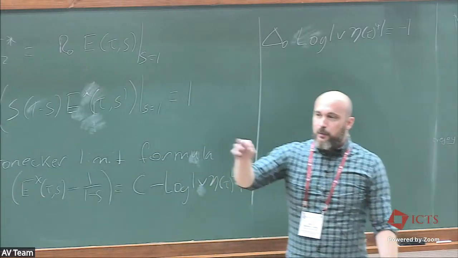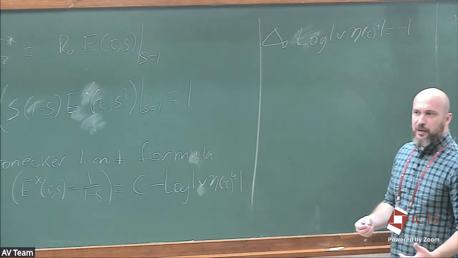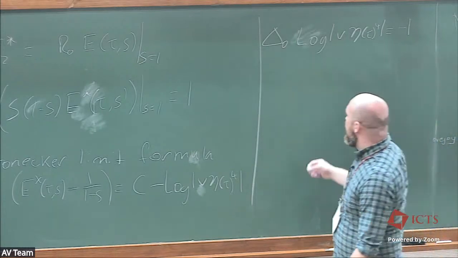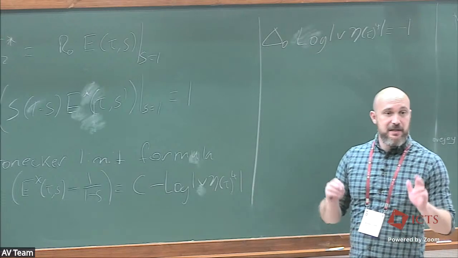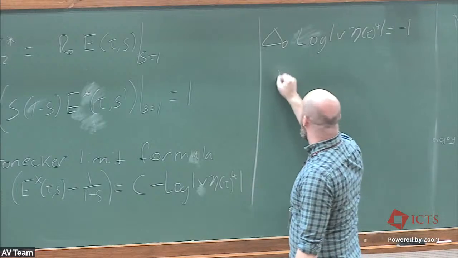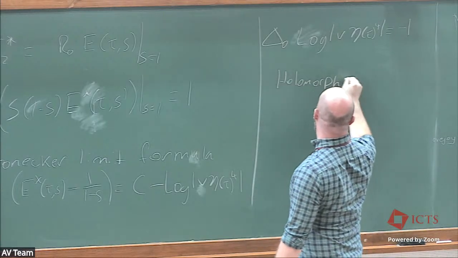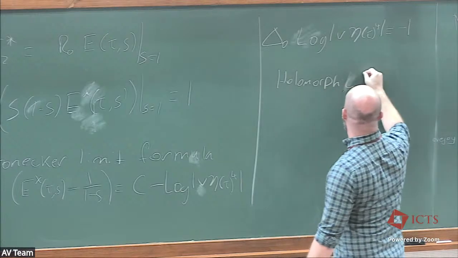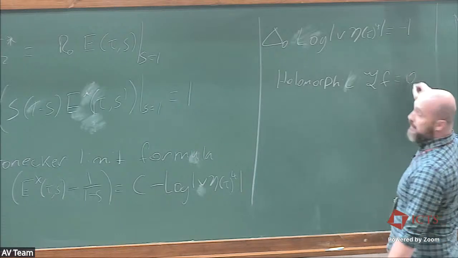Now recall, Nick gave us an equivalent idea of what it means for something to be harmonic: that it's in the kernel of two copies of this Xi operator. So holomorphic means that the Xi operator on F is going to equal 0.